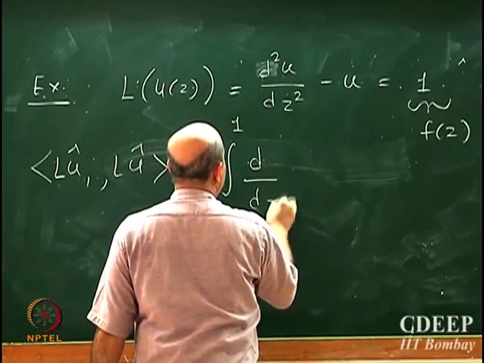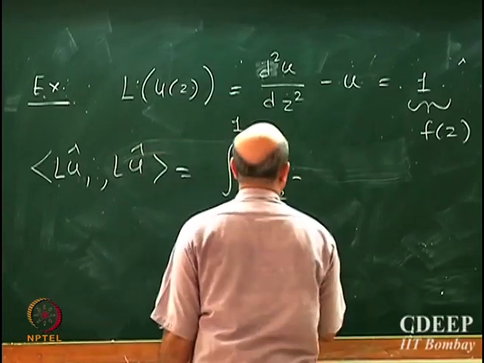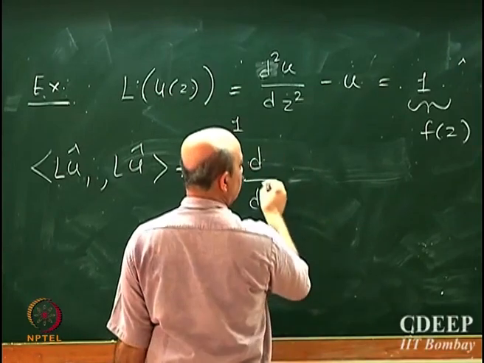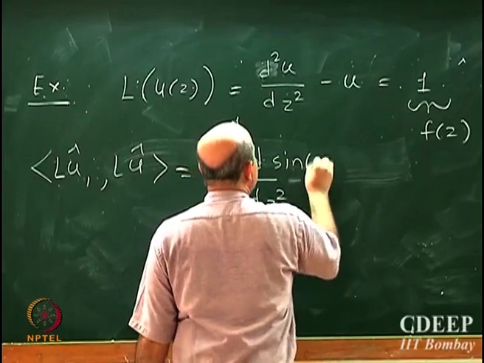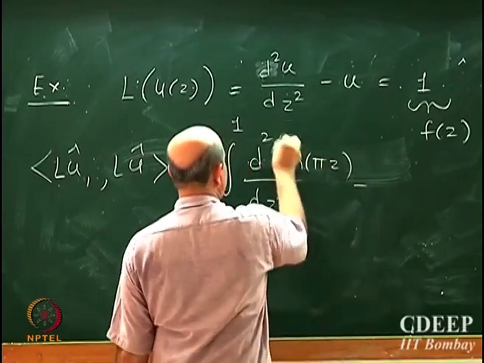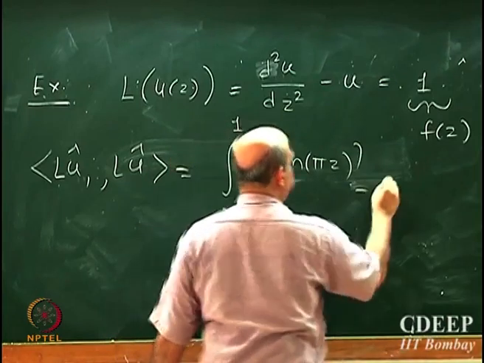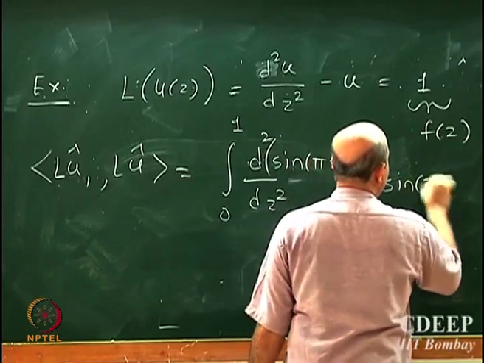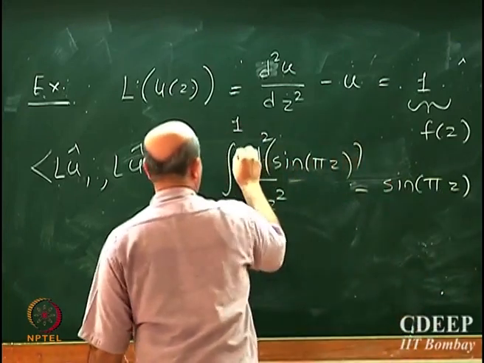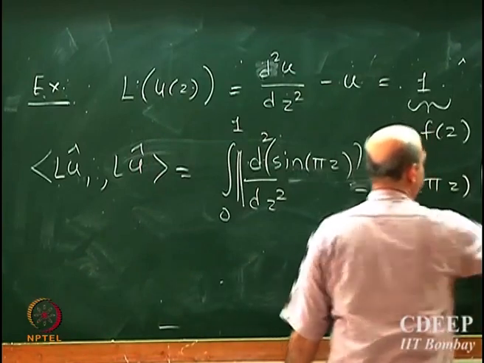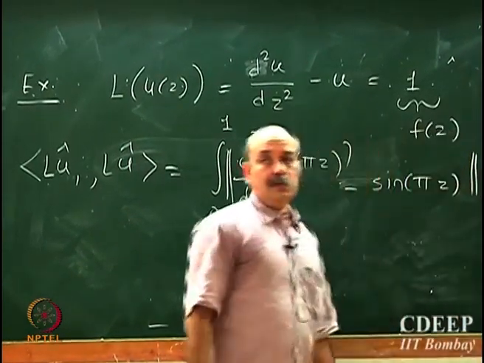It is d squared by dz squared of u1, which is sin pi z, minus sin pi z.